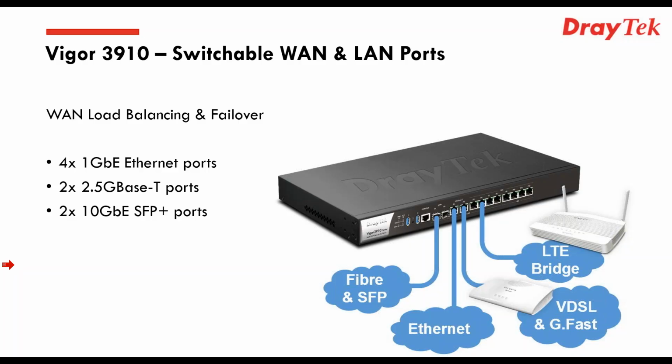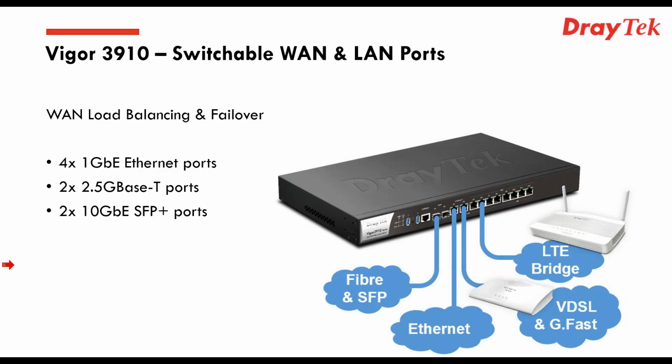So very flexible in terms of how you want to use the device there. We've got a list again there of all the actual ports available, those 4 1 gig Ethernet ports there, 2.5 gig Ethernet ports, and we've got the 2 SFP Plus ports as well.